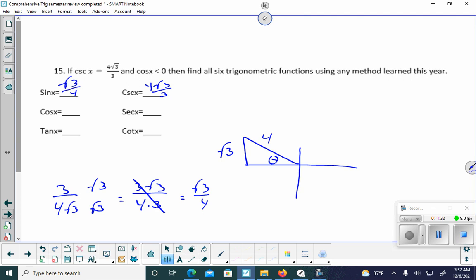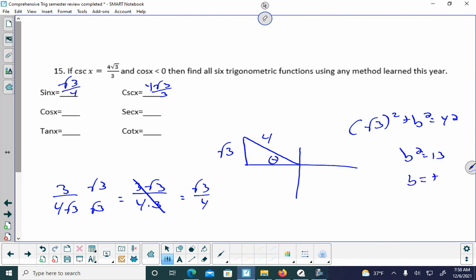I am going to do the square root of 3 squared plus b squared is equal to 4 squared. And when I do all that, I get b squared is equal to 13. So b is equal to plus or minus the square root of 13. So this is going to be a negative square root of 13 because it is in the second quadrant. So that's going to make my cosine a negative square root of 13 over 4.